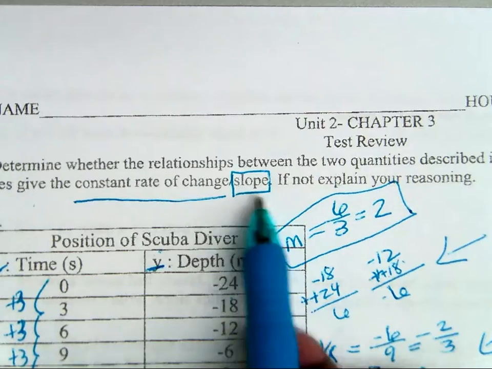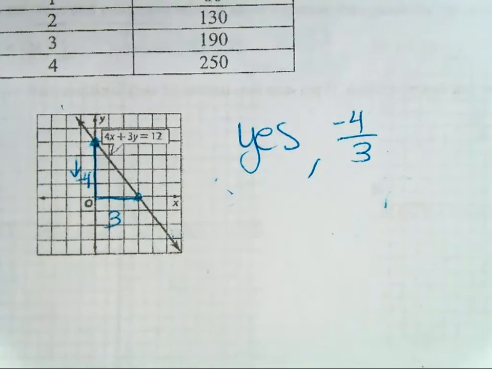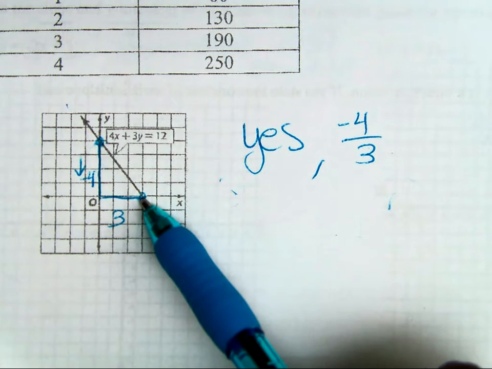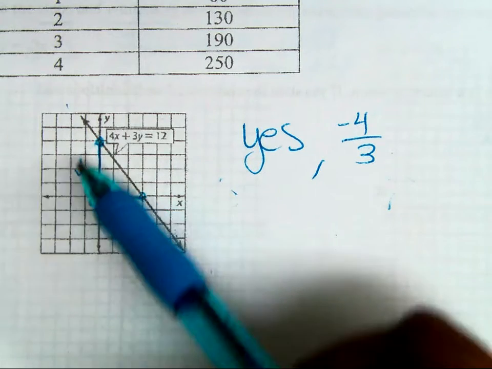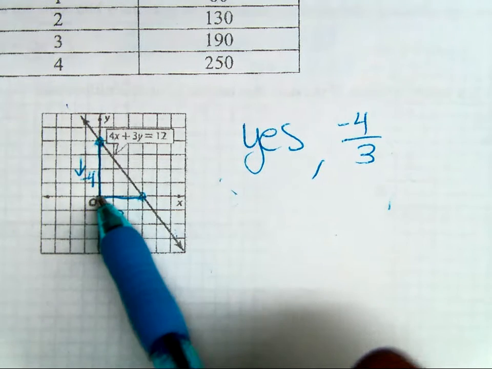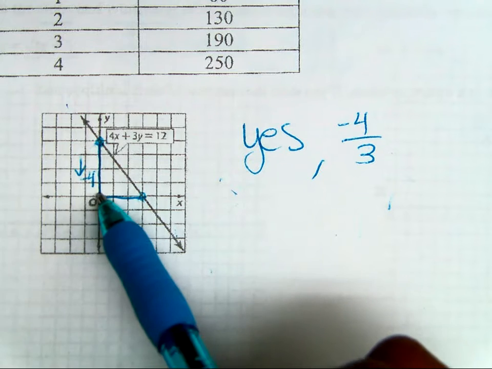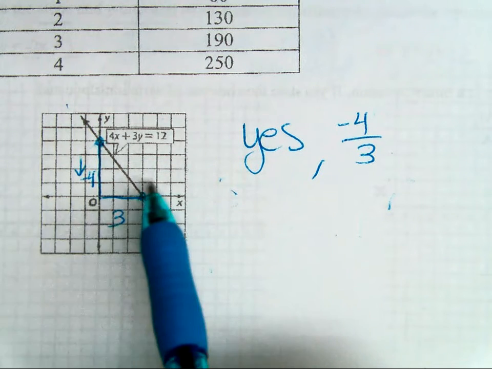Slope. Slope. And I find a point here and a point here. I need to figure out how I can get from this point to this point. Well, to get from this point to this point, I needed to go down 1, 2, 3, 4. So that's a negative 4. Then I need to go over in the positive direction, 1, 2, 3.